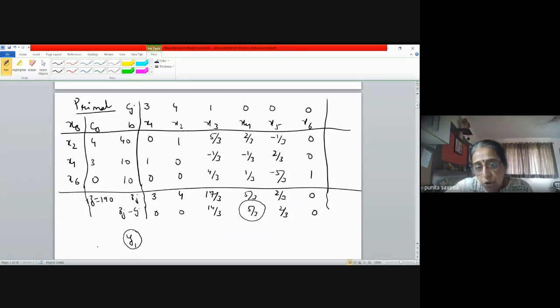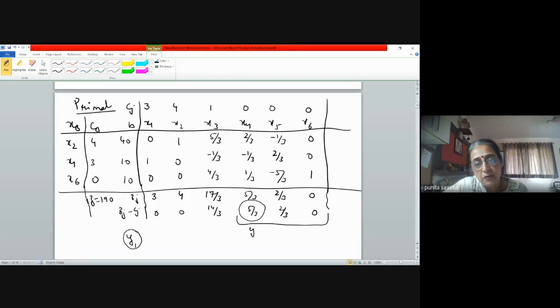In the first constraint, we had the first slack variable. What was that? X4. And you will see that Zj minus Cjs of the slack variables in the primal are actually the solutions of your dual variables. You can see it.